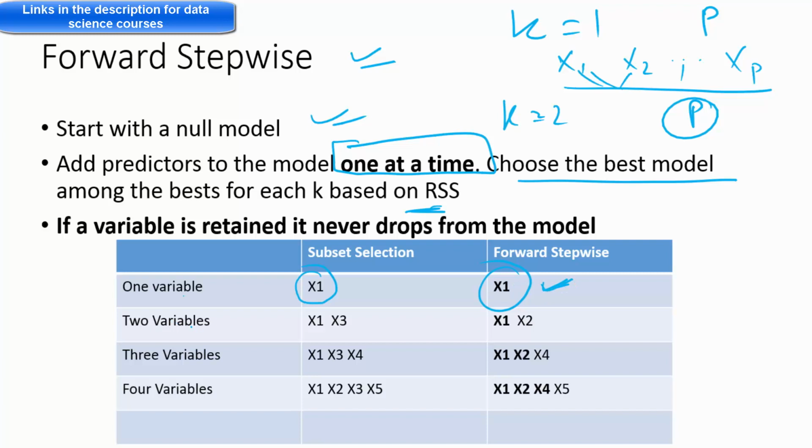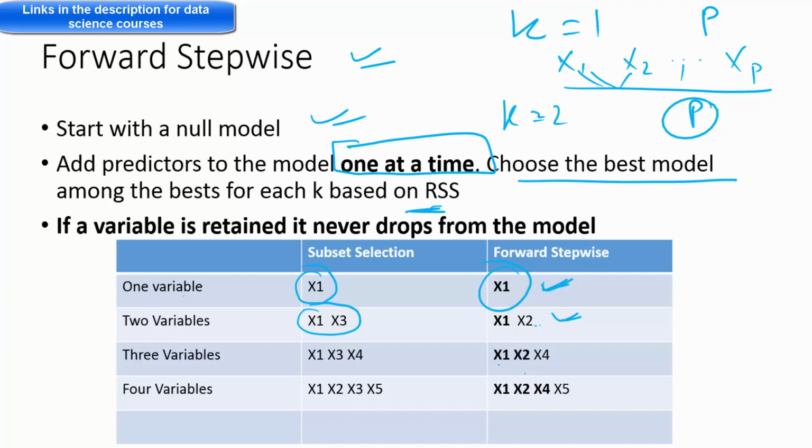When it's a two variable model, subset selection gives you x1 and x3. In forward, we just added x2 and saw whether that is actually working fine or not, because for a two variable model, x1, x2 does a good job. So we just added x2, and once that is retained in the model, that never gets dropped.